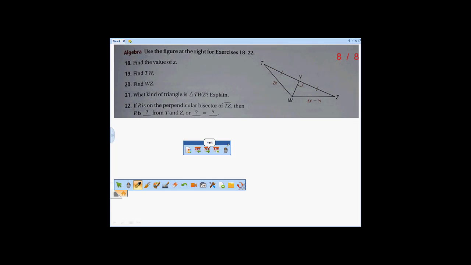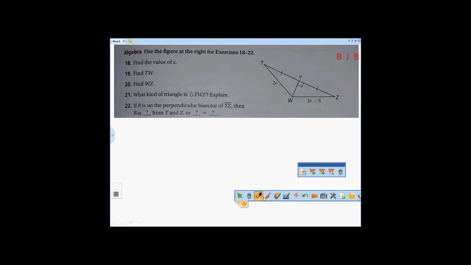Here, use the figure at the right for exercises 18 to 22, to find the value of x. That's exercise number 18. If I look at this figure, I find a lot of things. Here, WY is perpendicular to TZ, which means the measure of this angle is 90.